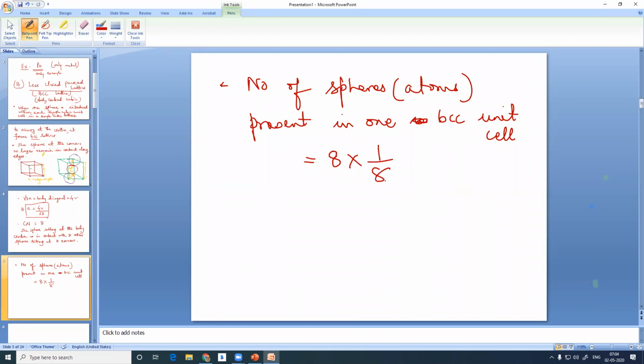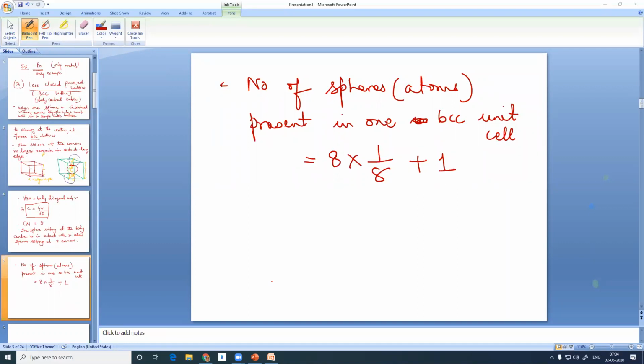That is for every kind of cubic lattice. Plus 1, the one which is sitting at the body center is the exclusive property of that unit cell. Nothing is exposed outside. It is completely hidden inside. So the total share will be 2.